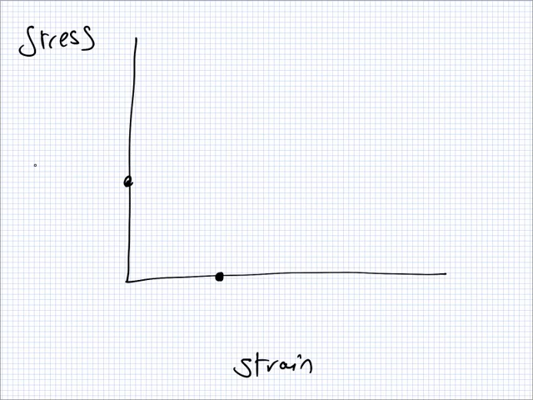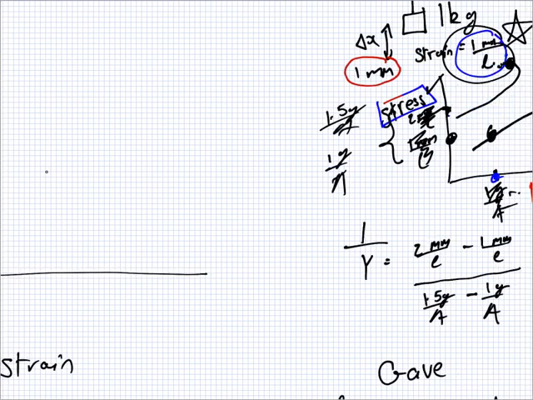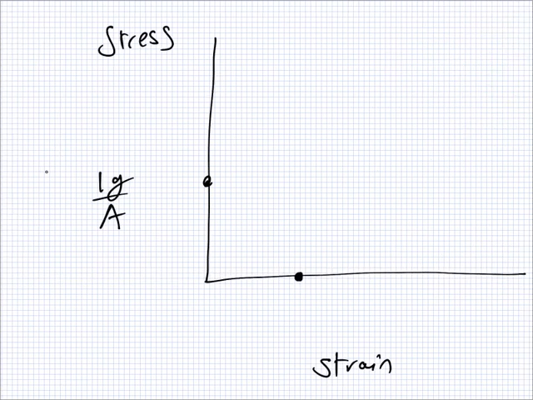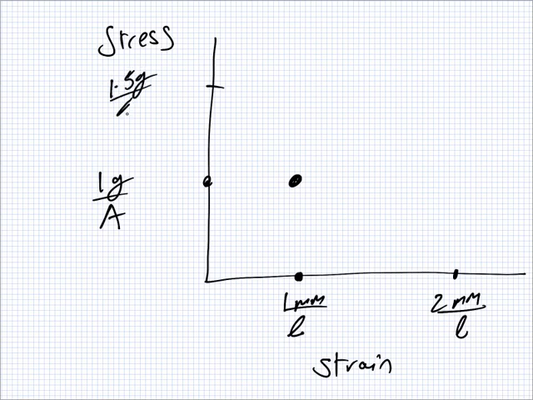Here, 1G over A. And here, 1 millimeter over L. So here's the first point. Then the second one, that's 2 millimeters over L. And here, 1.5G over A.